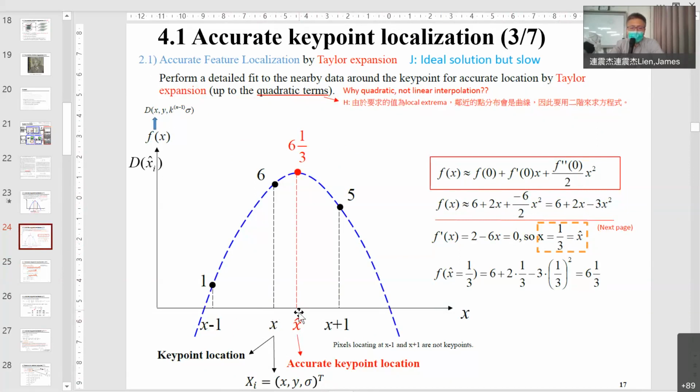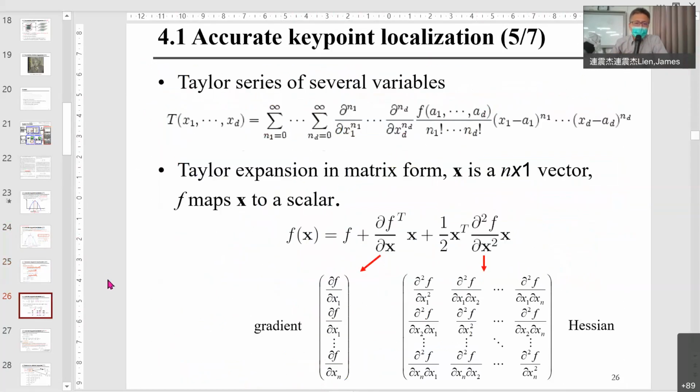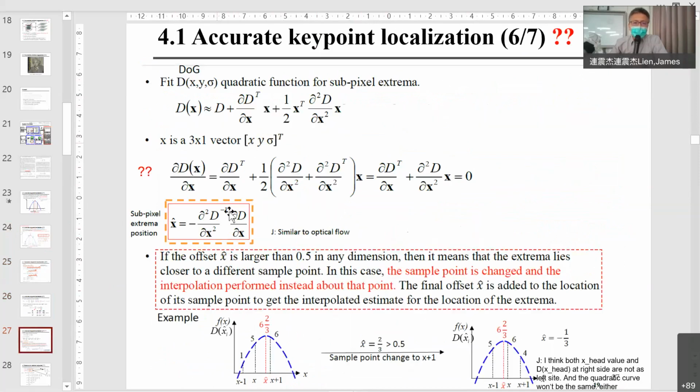This is what you pick, and if you input it, the output is the peak value. Let's call this subpixel accuracy. There are other methods, but this one is the simplest, and it's important, so review it.